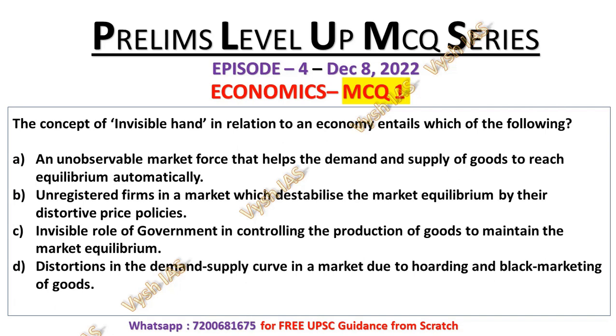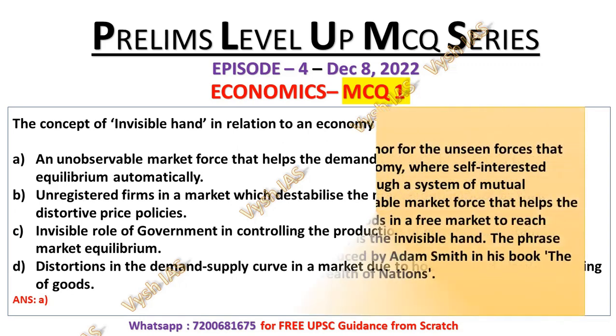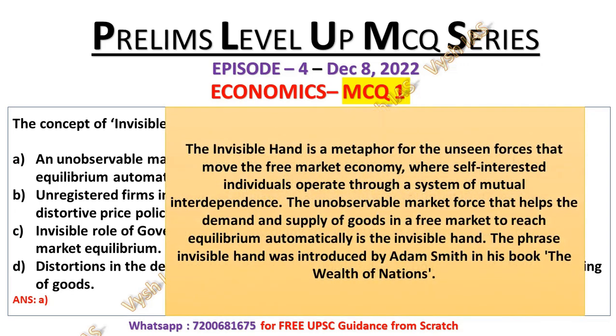So the answer will be option A, an unobservable market force that helps the demand and supply of goods to reach equilibrium automatically. So let's see the explanation. From the term itself, invisible hand, what can we infer? Basically invisible hand means the unseen forces, the forces which we cannot see, that help to move the free market economy where self-interested individuals operate through the system of mutual interdependence.